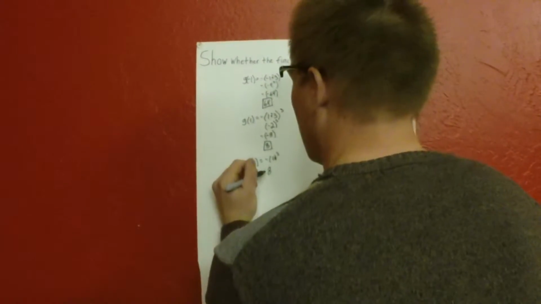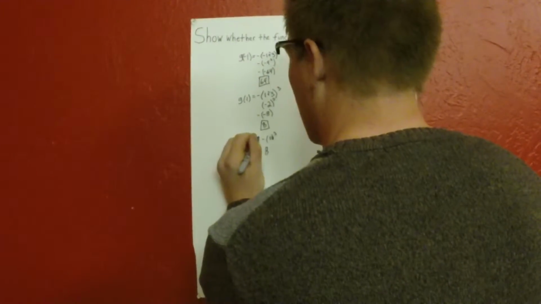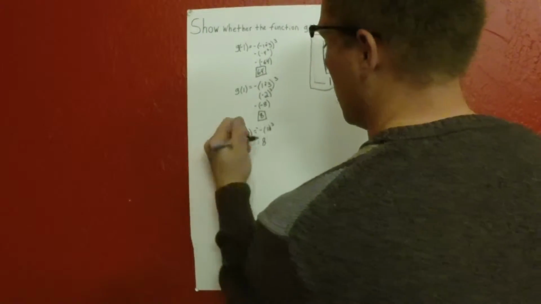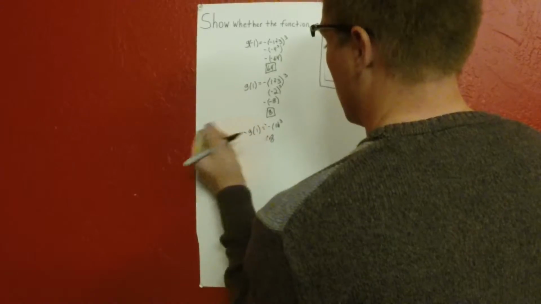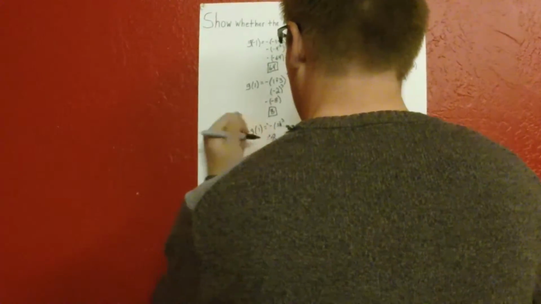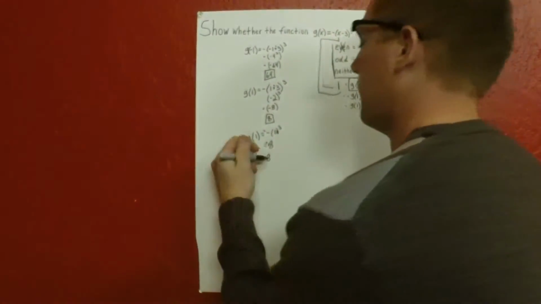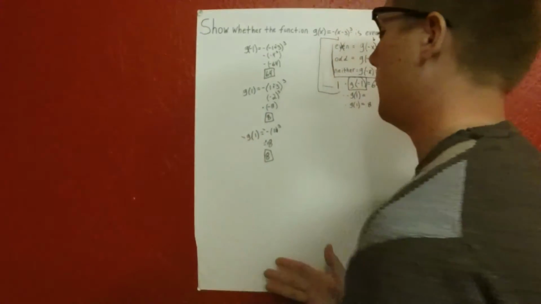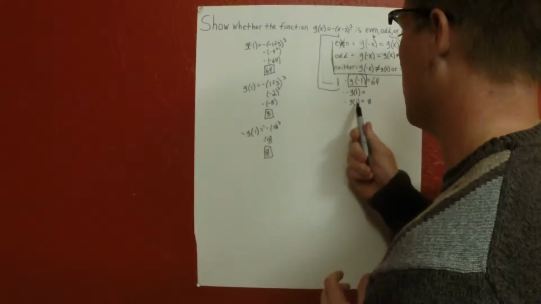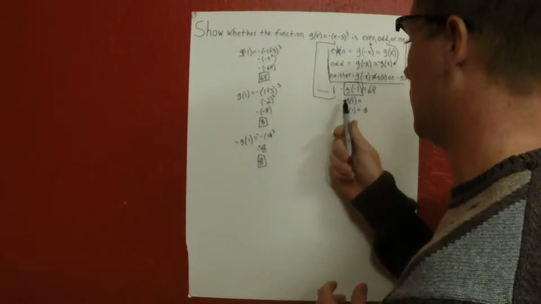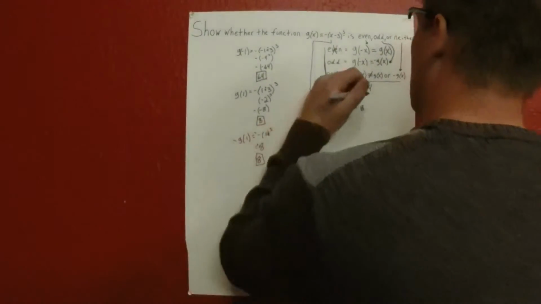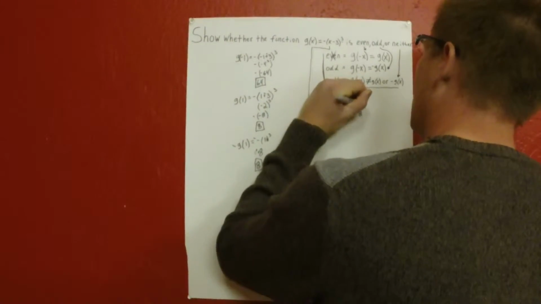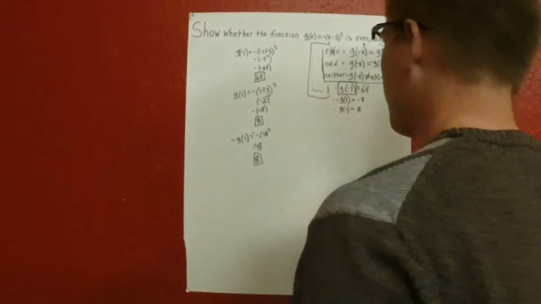And then we have this negative on the outside, so we have a double negative. So we have the negative 8, then we have another negative, and we add those together, and that gives us a positive 8. Now you don't even have to do this. You can just take what you got right here, which is 8, and know it's going to be a negative number, the opposite of what it was originally. So we have negative g of 1 equals negative 8.